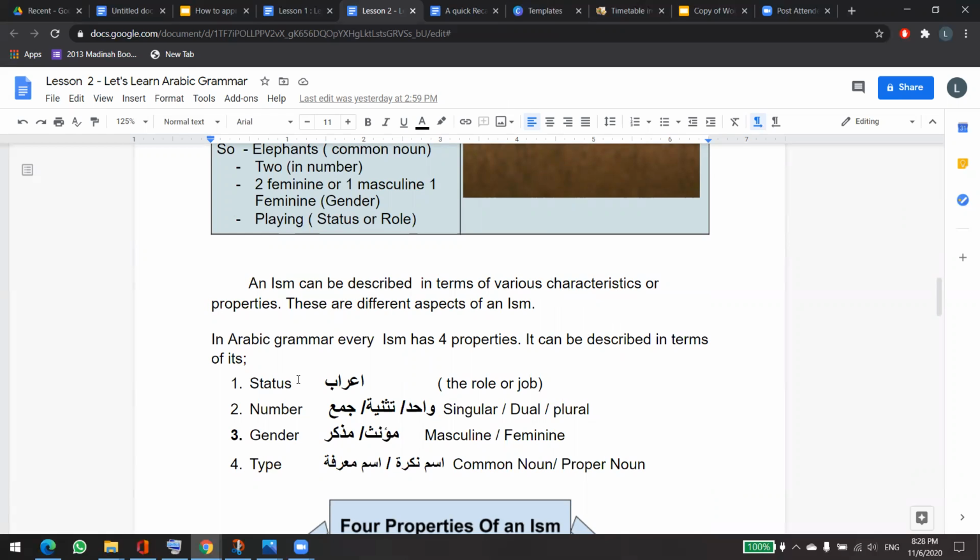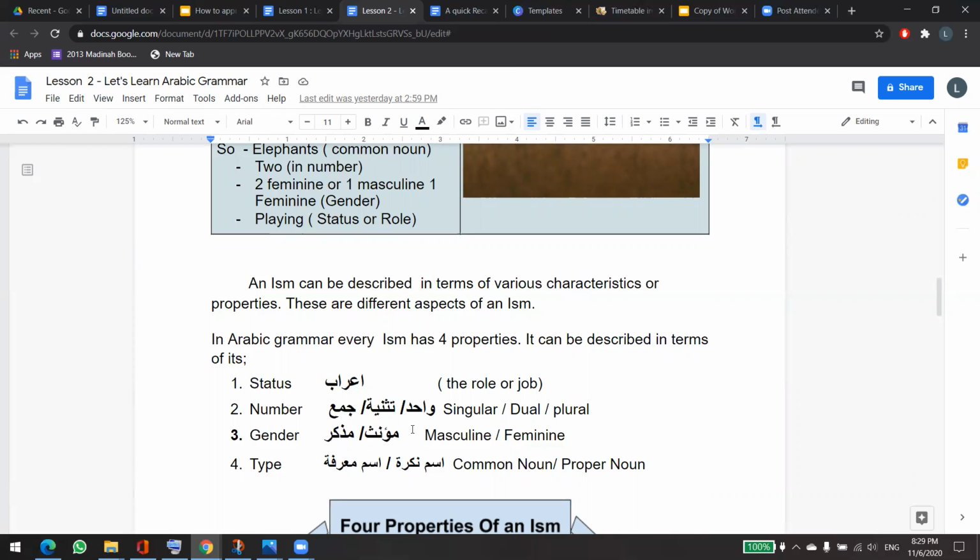In Arabic grammar, so far we learned four different properties: the status, the role that the ism is playing, then the number of that ism, then the gender of that ism. If it's a real person, like a human or an animal, then we have real gender, like male and female, boy and girl, men and women.